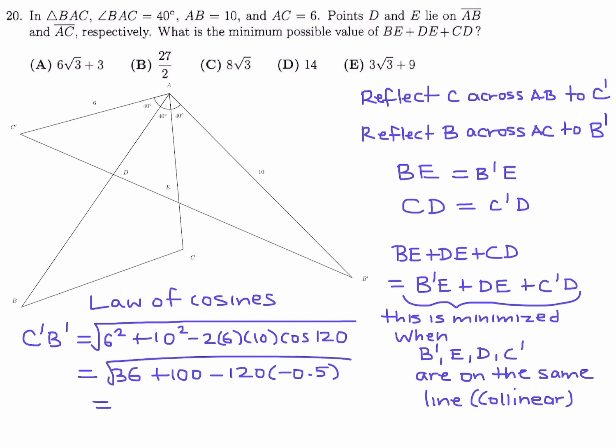And that is 136 plus 60, which is 196. And the square root of 196 is 14. So 14 is the minimum value for BE plus DE plus CD, and therefore number 20, the answer is D.